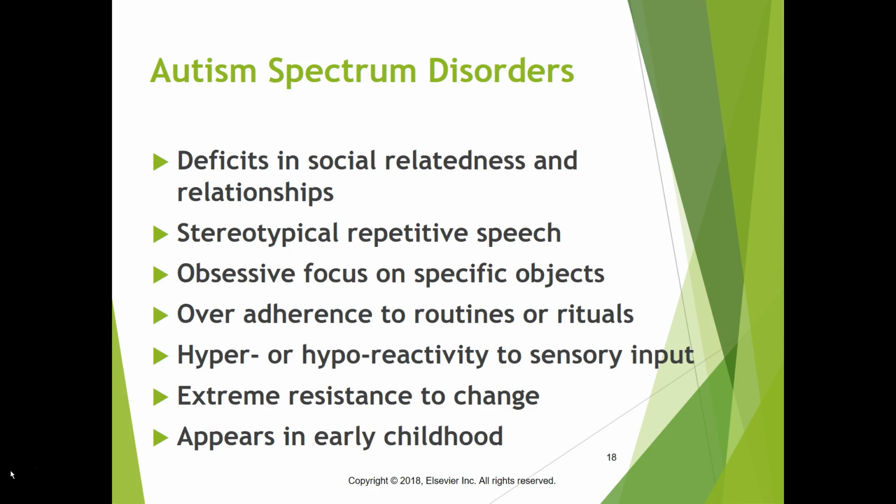Part of that social relatedness difficulty could be that the child is completely unaware of other people, unable to form relationships, unable to give eye contact, with no back and forth exchange whatsoever, and others are much lower on the continuum.